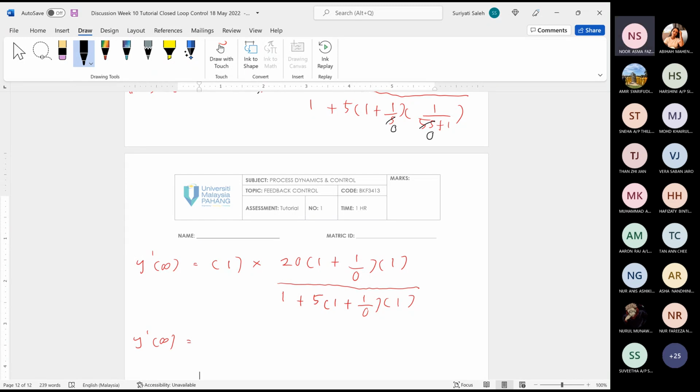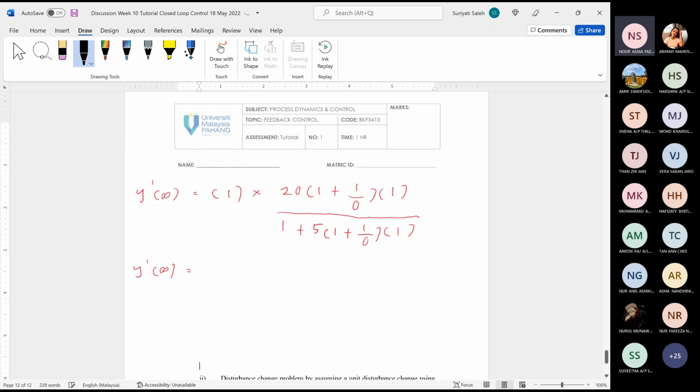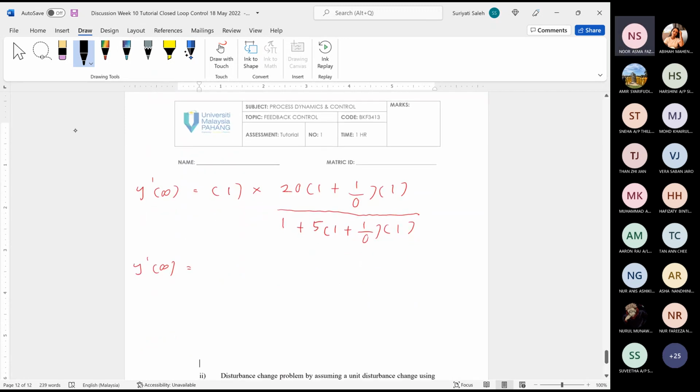Just to make sure there is a common understanding: if you have 0 divided by 1, automatically this becomes 0. So what if 1 divided by 0? If we try to calculate it, it becomes an error.